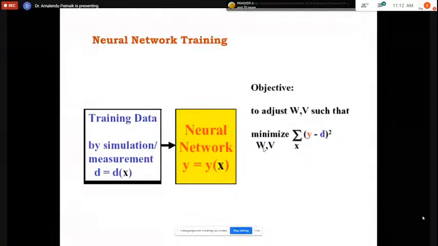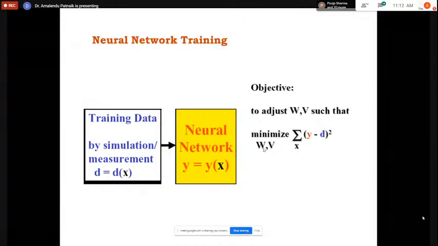Otherwise, each time you run the network, you are going to get a new set of weight values, and each time you have to run that training process.